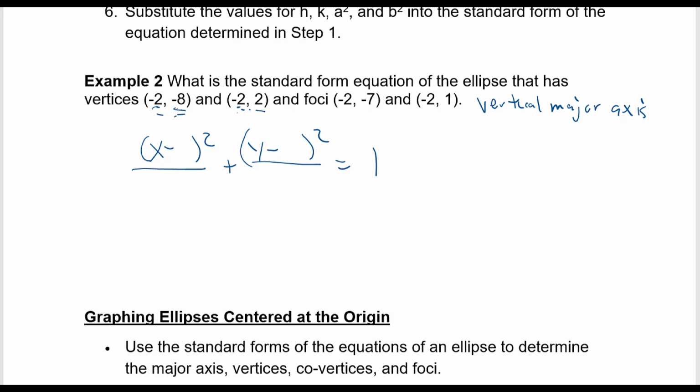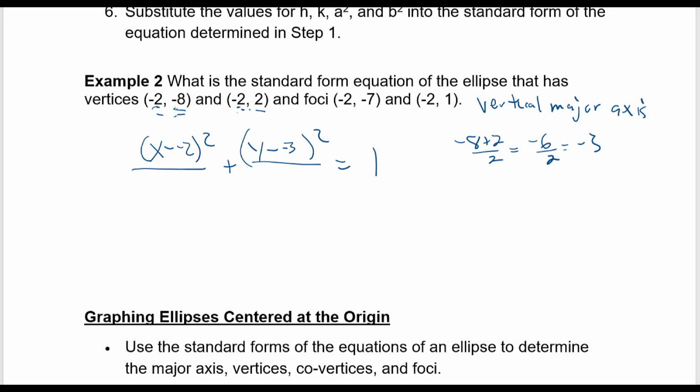In fact, it's going to be a -2 for the x. So what's midway between -8 and 2? -8 plus 2 divided by 2 is going to be -6 over 2, which is -3. So that makes sense. From -8 to -3 is 5. From -3 to 2 is 5. So k is -3.